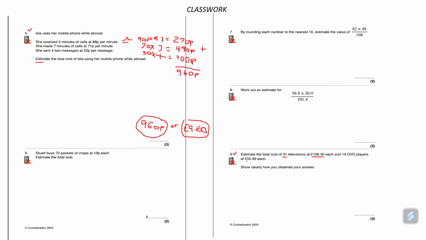So rounding 31 television to the nearest 10 will be 30.